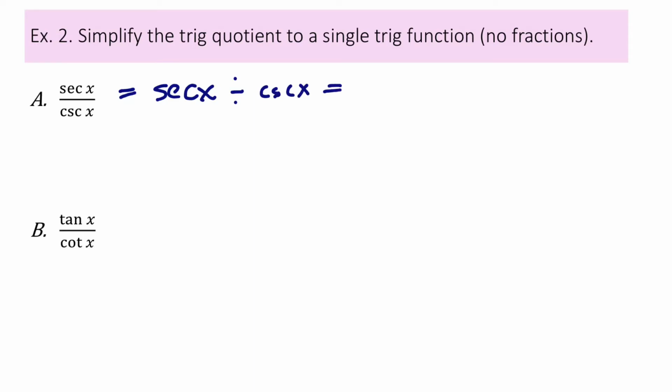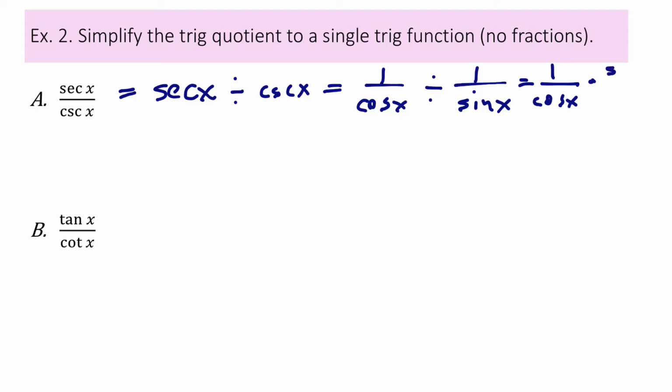So the secant of x we know is 1 over the cosine of x, and the cosecant of x is 1 over the sine of x. So these are fractions, and when we divide fractions, we change the division symbol to multiplication and take the reciprocal of the second fraction. So now we can multiply.